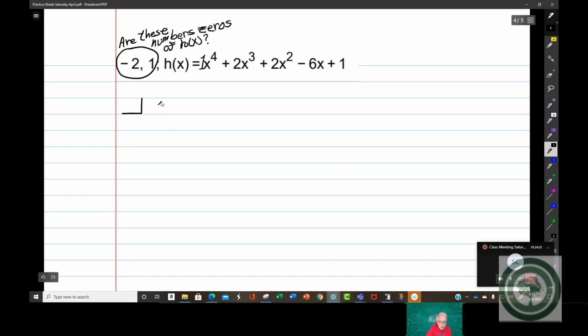So right here I start 1 and I leave a little space, 2, leave a little space, 2, leave a little space, -6, leave a little space, and 1.